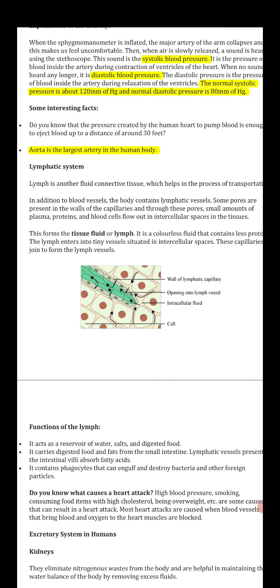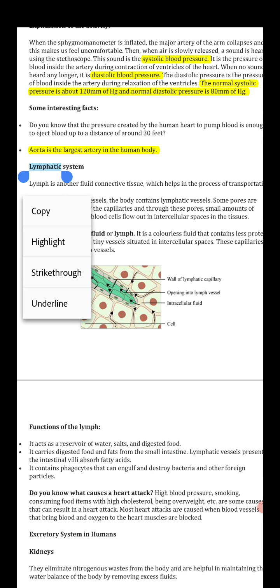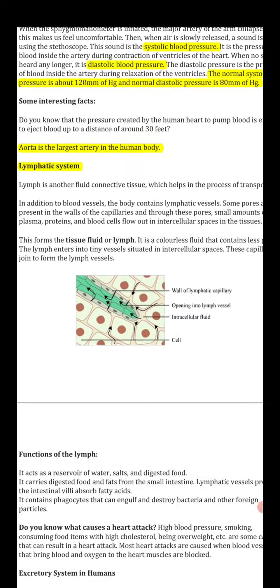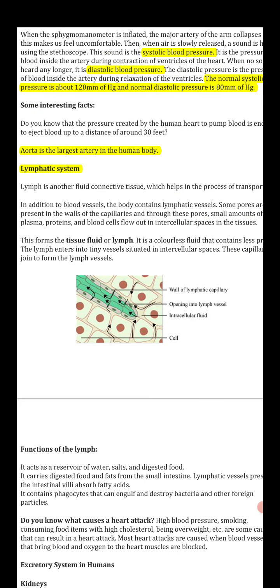The last topic for today is the lymphatic system. In our last video we discussed that there are two systems for circulation in our body. One is the circulatory system, another one is the lymphatic system. What is the meaning of the lymphatic system?